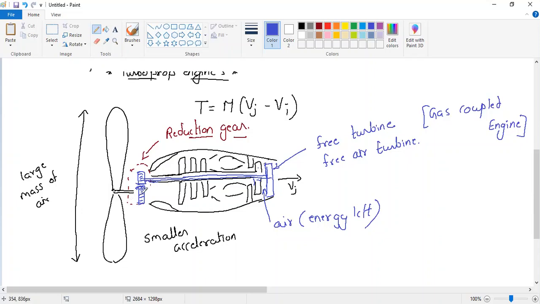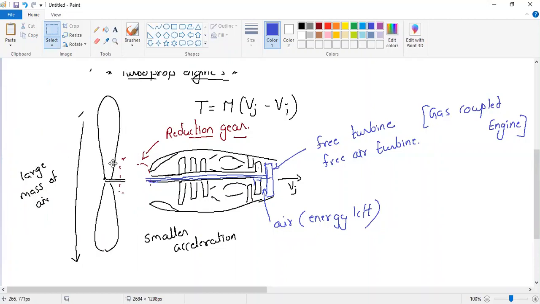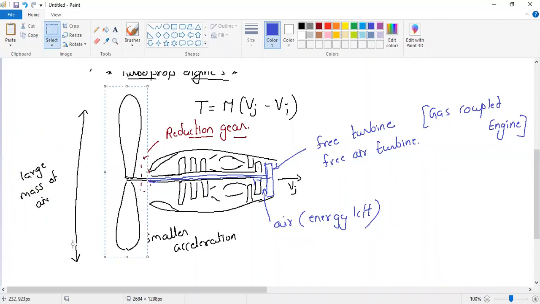Okay. There is one more type of arrangement. In this type of arrangement, you will not have any reduction gear. It will be directly coupled to your free turbine. See what is happening: when the exhaust gases are coming outside, their energy is less.